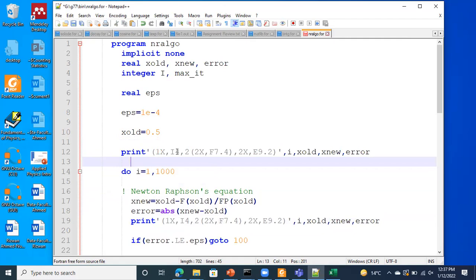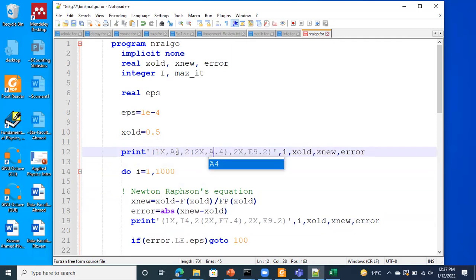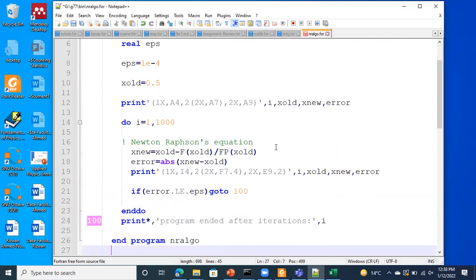So for that, replace all the things with F7. So 7 positions, and here a 9 position. Okay, that's it. I have added print statements to give you the titles.